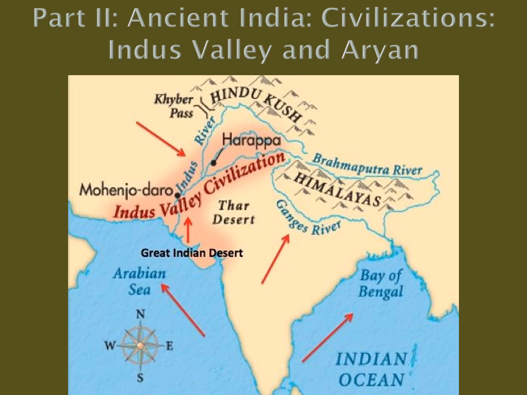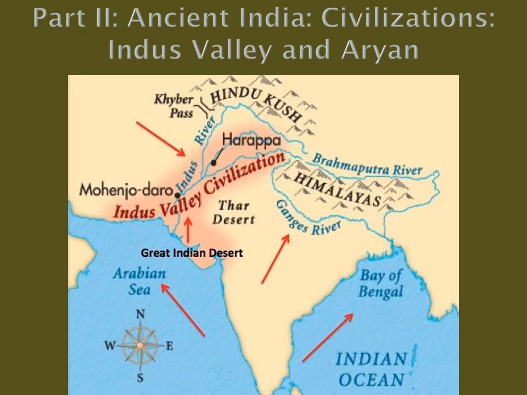I give you 2800 to 1800 here, but if you read some other sources or check different websites, they may give you different dates. That's because it happened so long ago, so scholars have not reached a consensus on exactly which are the dates. There will be some variations in different sources.